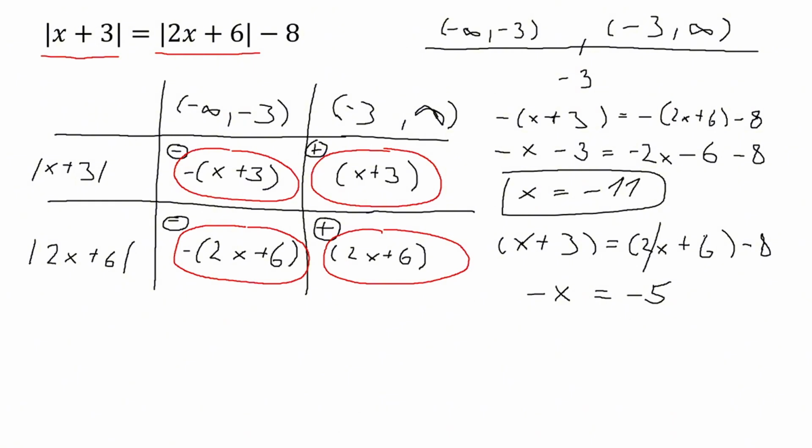And then we would just subtract 3 from both sides. This would cancel itself too, and we would get negative 5. So x would equal 5. We just multiplied this by negative 1. So x in this case would be equal to negative 11 or 5. And if, again, you would plug these numbers into the x, which is nested in the absolute value, the equation would be true.